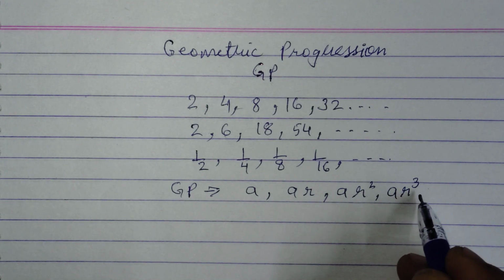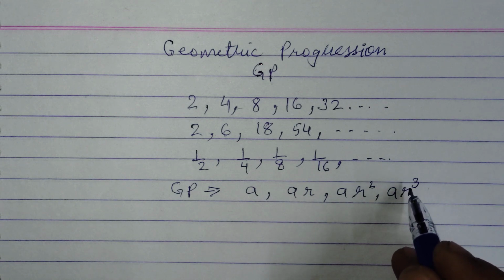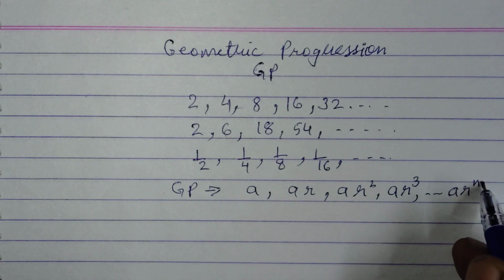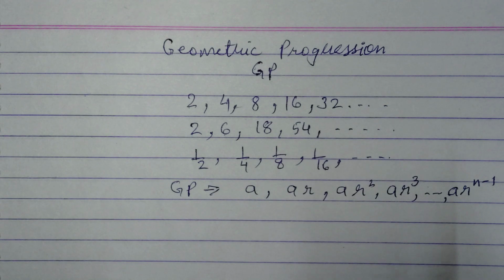So fourth term, look, AR cube, R is 1 less than the power. So nth term is AR^(n-1). It is important, An. This is the GP series general formula.